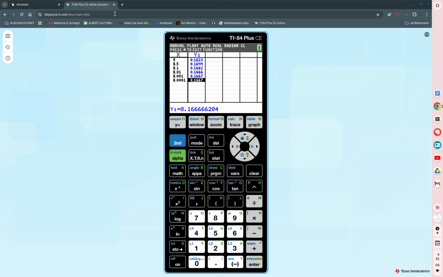This is going to 0.16 repeating, which is the decimal for 1/6. As we look at this, can you see that those decimal values are definitely headed towards 0.16 repeating as we move along? So that's what we know our slope is going towards.